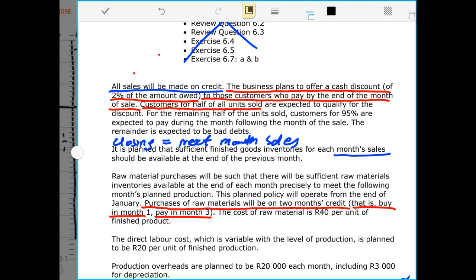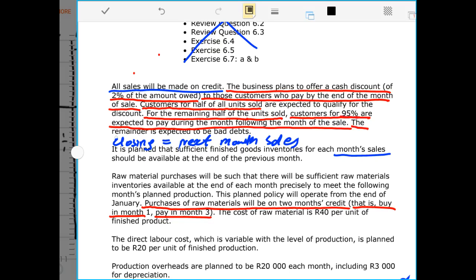Therefore, for the remaining half of the units sold, customers for 95% are expected to pay during the month following the month of sale. That means of the remainder, only 95% will be paid. Why?